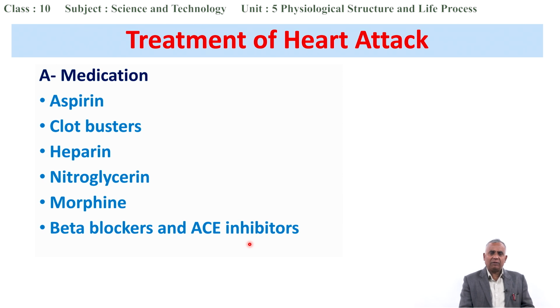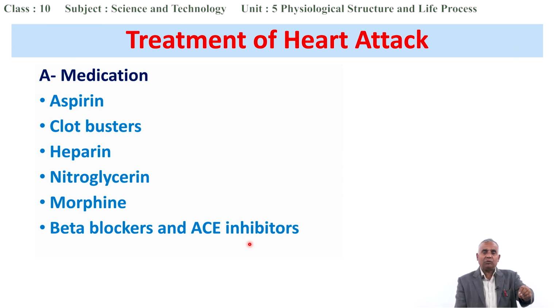Beta blockers and ACE inhibitors are for slowing the rate of the heart, because if the heart is pumping more and more, the area of the heart attack is strained more, there is more pressure, and it harms the body. So the work of the heart is reduced, blood is thinned, and pain is relieved. So for different purposes, different types of medicines are given.